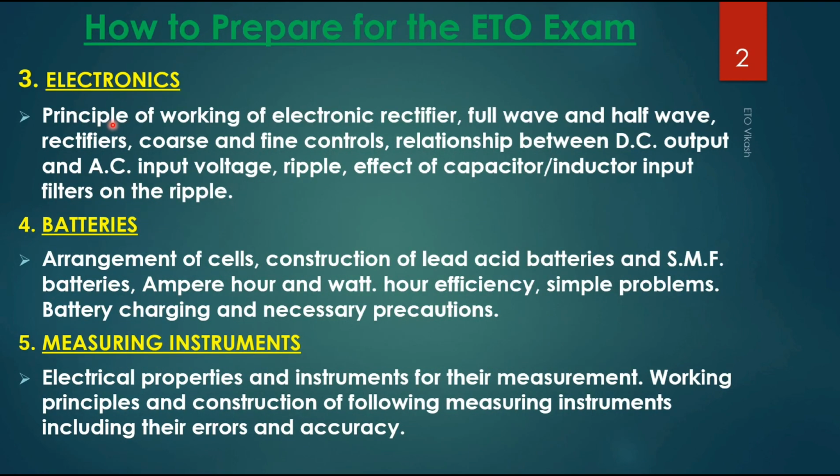Now next, our third chapter is electronics. In this you have to prepare the principle of working of electronic rectifiers, full wave and half wave rectifiers. So how electricity is converted from AC to DC by using the full wave rectifier and half wave rectifier, coarse and fine control, and the relationship between the DC output and AC input voltage, ripple, and the effect of a capacitance or inductance input filter on the ripple.